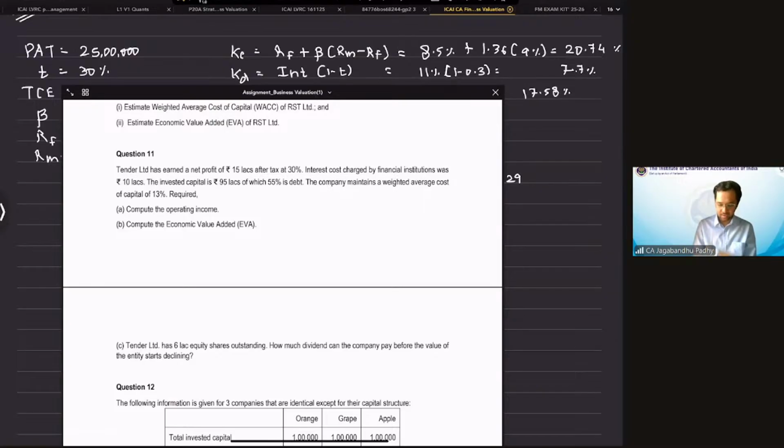Also, Tender Limited has 6 lakh equity shares outstanding. How much dividend should the company pay before the value starts declining? Now, leave apart the third part. Try to get these two parts, part A and part B. Will you be able to solve it? Part A and part B, guys?